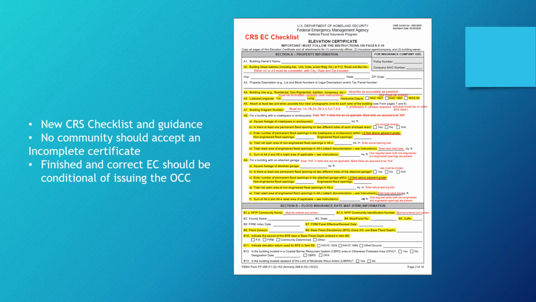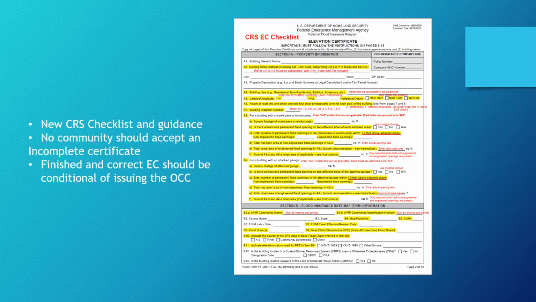Hopefully having that email address in there will help streamline communication and getting those corrections done and sent back to you, since it can all be done electronically now. So a finished and correct elevation certificate should be conditional of you issuing the certificate of occupancy.